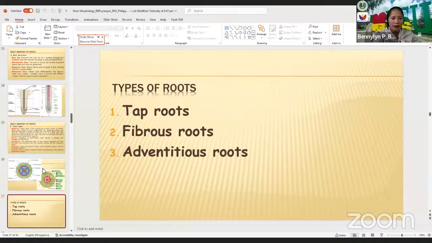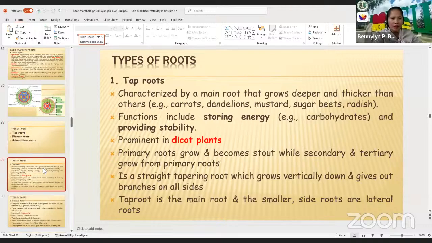To start with, we have the taproot. It's characterized by the main root that grows deeper and thicker than the others. Examples are carrot, dandelion, mustard, sugar beets, and radish. Its main function includes storing energy, like carbohydrates, and providing stability.